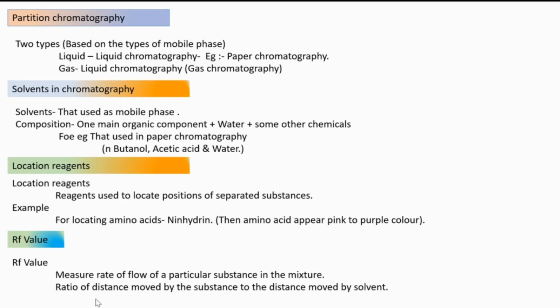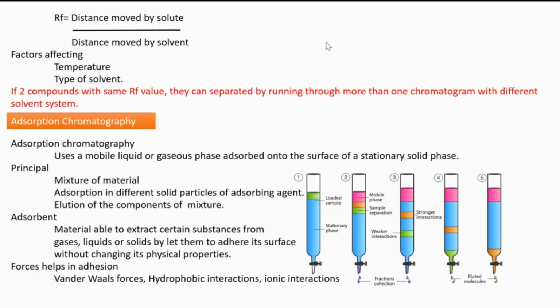The equation is mainly based on the ratio of the distance moved by the substance to the distance moved by the solvent. How much distance is traveled by the solvent, and also the distance traveled by each component of that mixture; its ratio is the RF value. Here is the equation. How do we calculate the RF value? Distance moved by the solute divided by distance moved by the solvent.